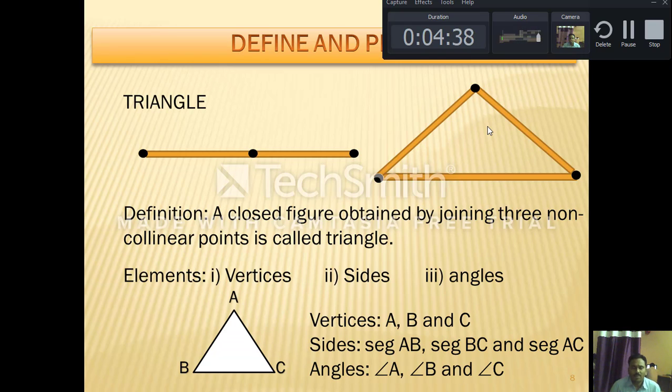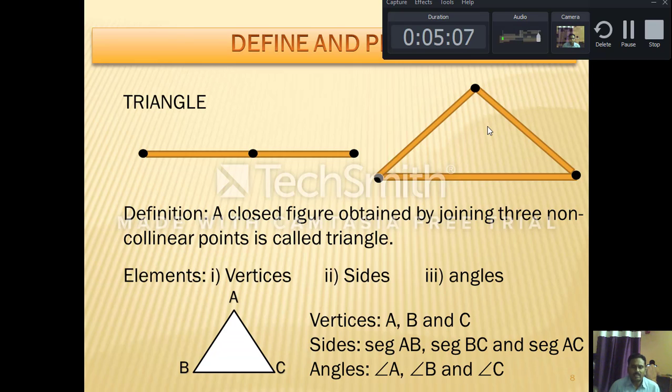But if these 3 points are distinct and non-collinear, and we join them to each other, then the figure that forms looks like a triangle. Then we can define the triangle as follows. The definition: a closed figure obtained by joining 3 non-collinear points is called a triangle.